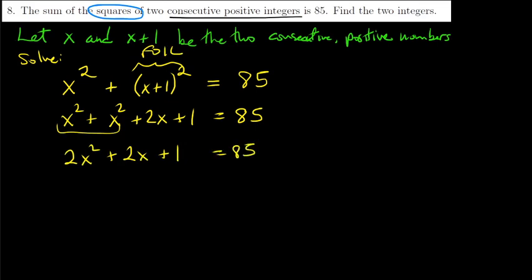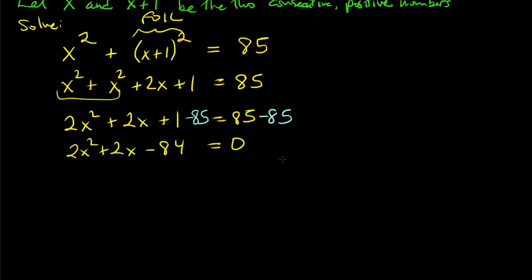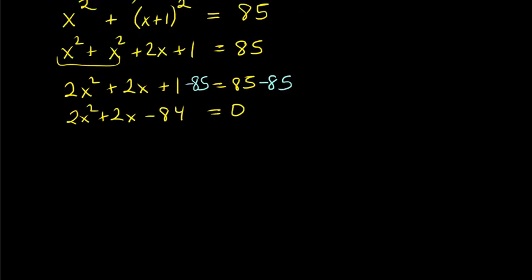And I think at this point we should put it in standard form. So subtract the 85 from both sides. And that gives us 2x squared plus 2x minus 84 equals 0. Now it's in standard form, but the GCF is 2. So why don't we factor out the 2?